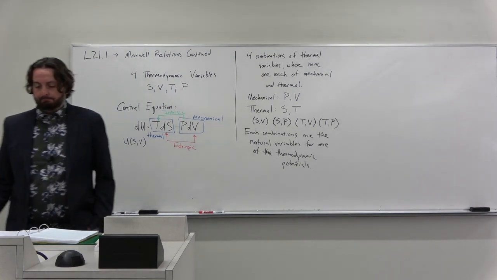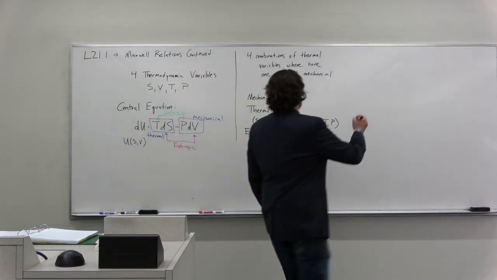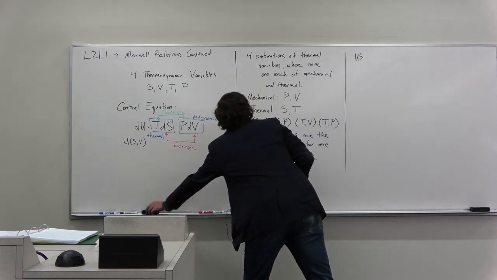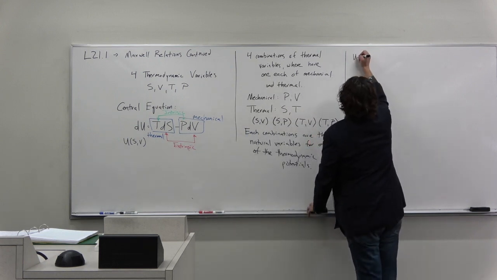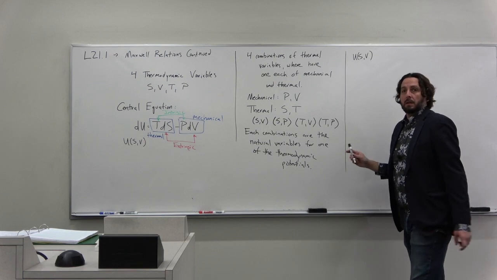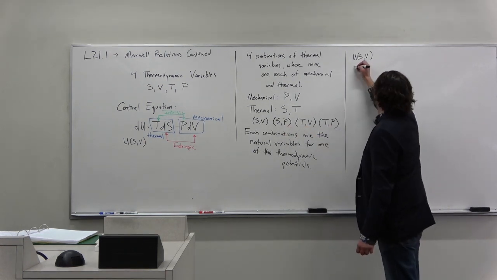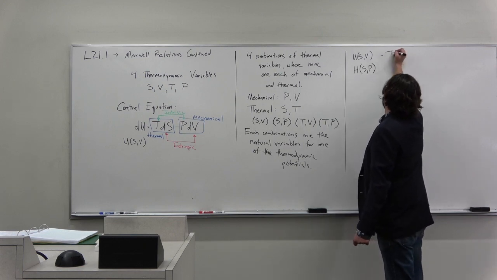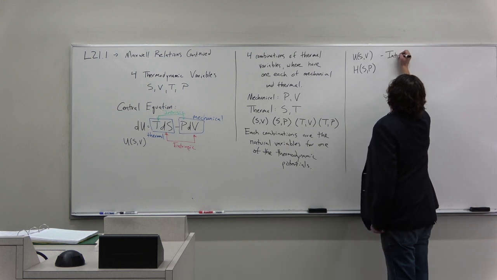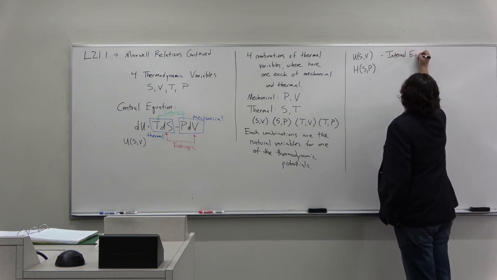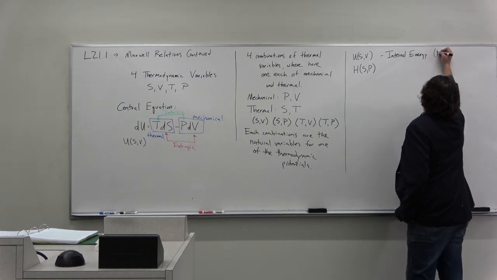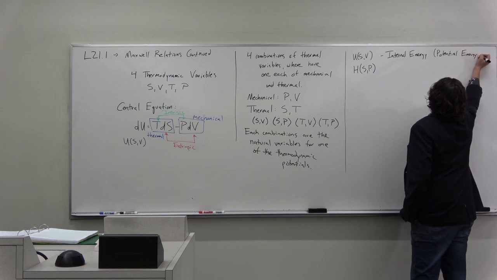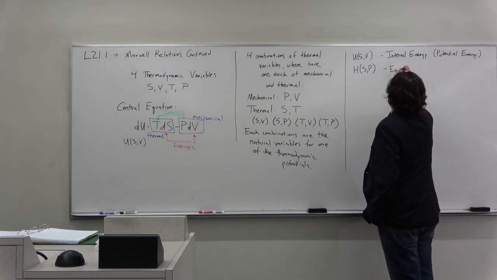Okay, so which one's which? Well, we know that U was S and V. S and P was our enthalpy. So let's call this the internal energy, or potential energy. This was our enthalpy.